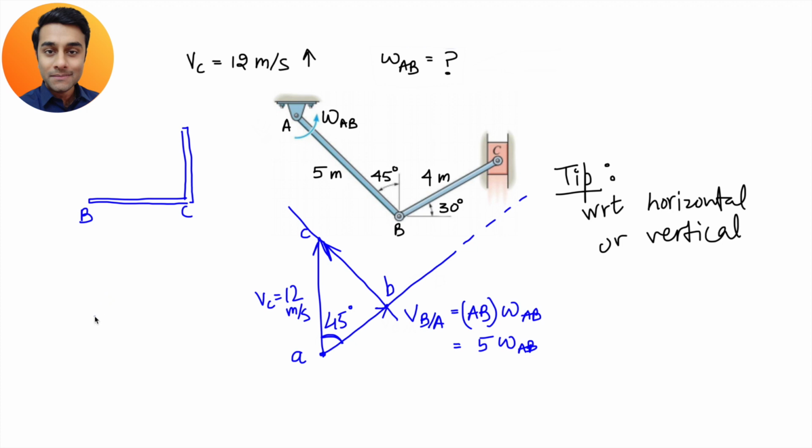So what will happen? BC has rotated like this. This was B, this was C, and this perpendicular part, obviously it will not stay like this. It will also tilt with BC. When you tilt it, this is a whole rigid body, this will also start tilting. So this part will also reach like this.